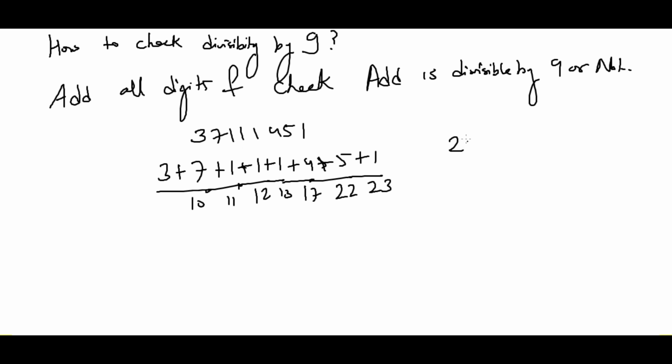Is 23 divisible by 9? Tell me yes or no. I don't think so. 9 times 3 is 27, so it's not, hence this is not divisible by 9. Okay, so this is how we can find out for 9.